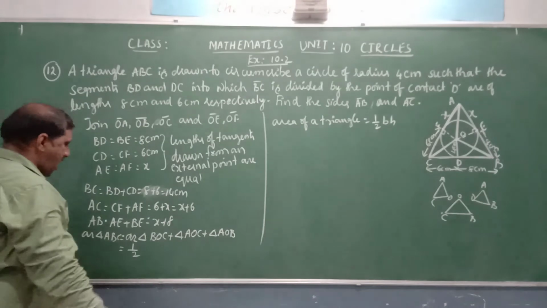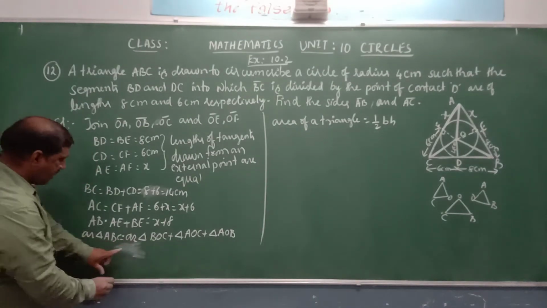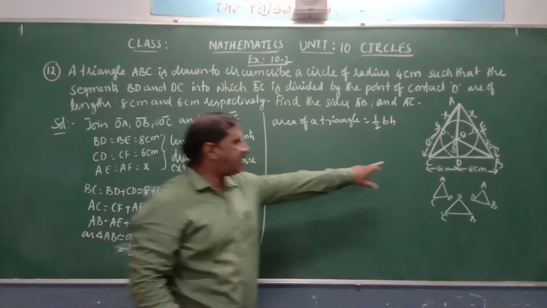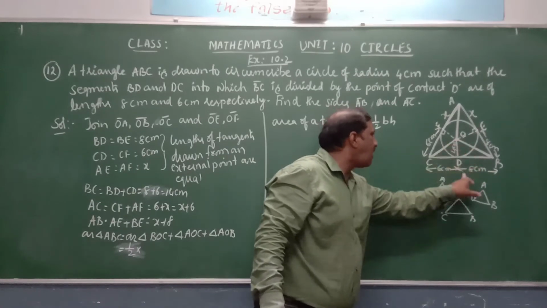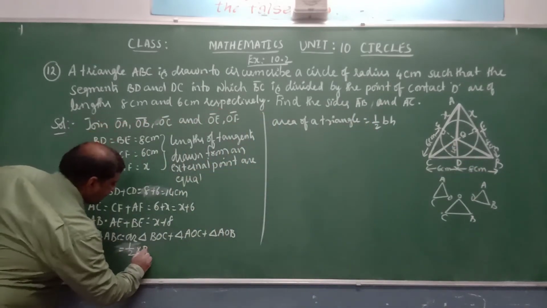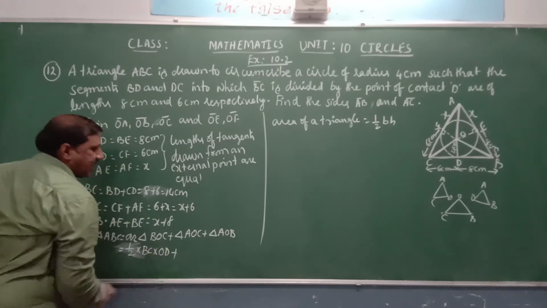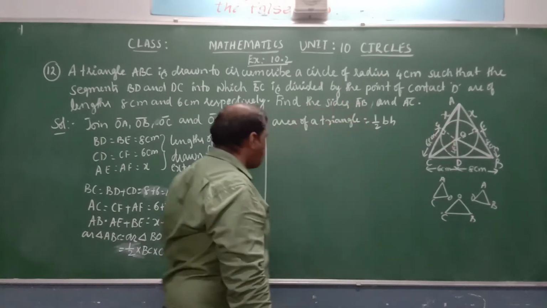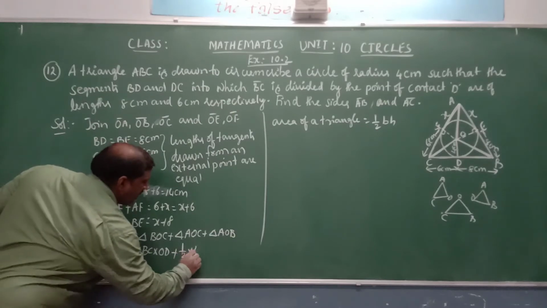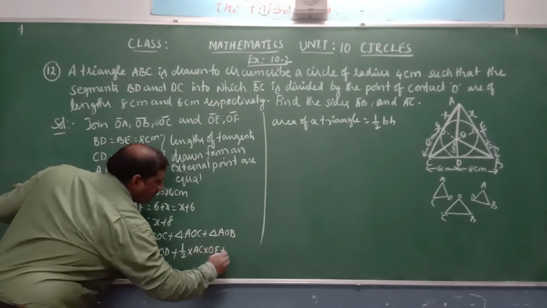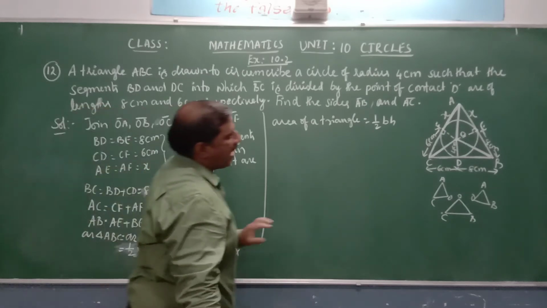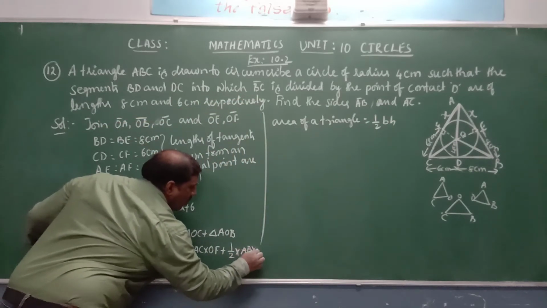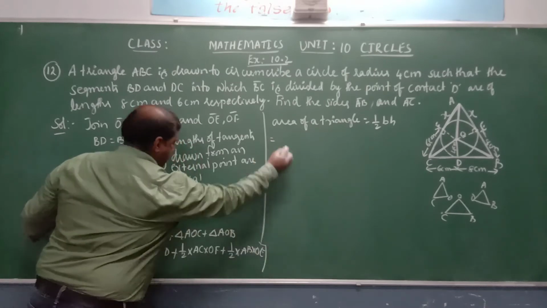For triangle BOC, the base is BC and the height is the radius OD, so half into BC into OD, plus the area of triangle AOC, where the base is AC and the height is OF, so half into AC into OF, plus half into AB into OD, where AB is the base and OD is the height.